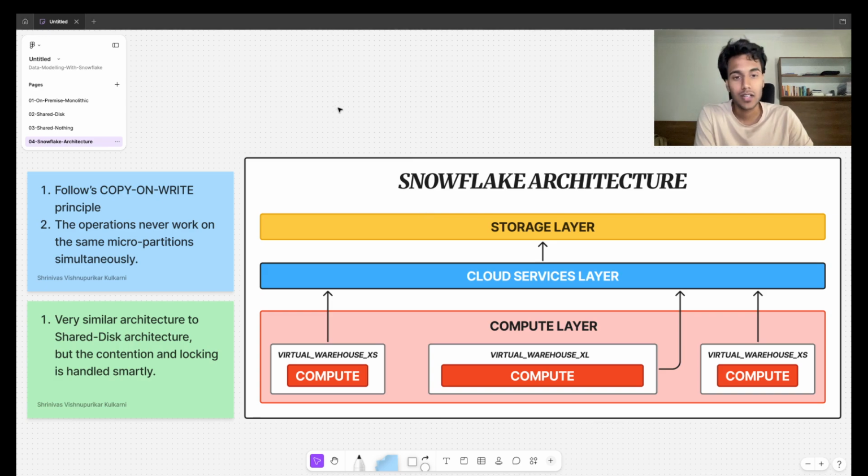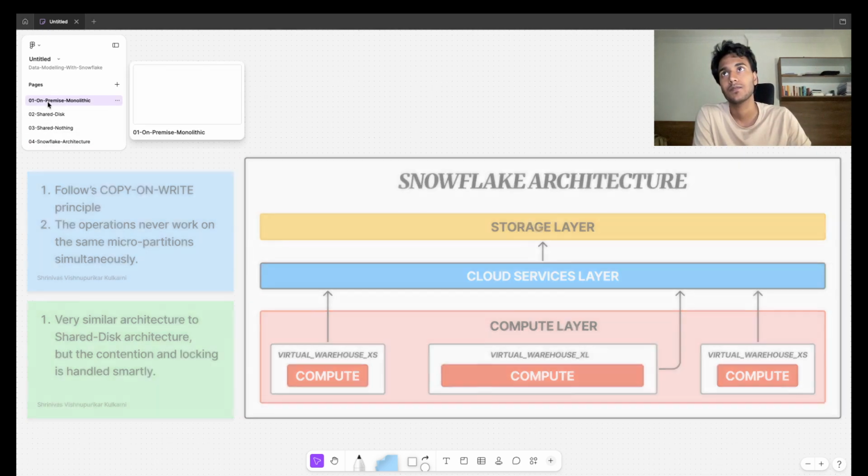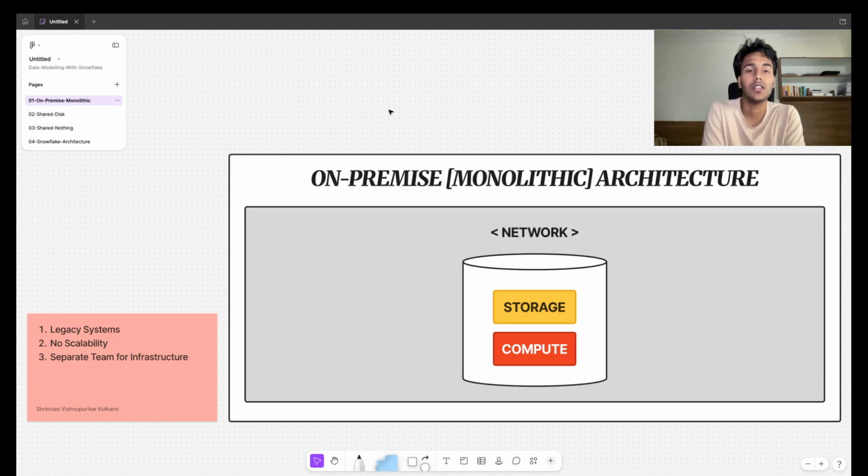First, let's understand the oldest architecture, and then we will be moving towards the modern architectures. So this is the oldest architecture, on-premise monolithic architecture.